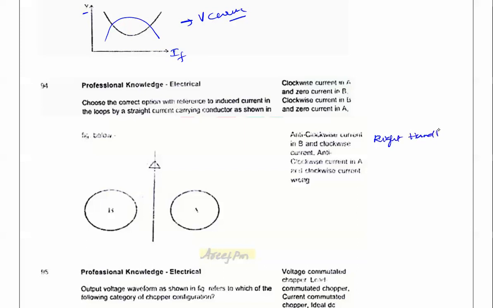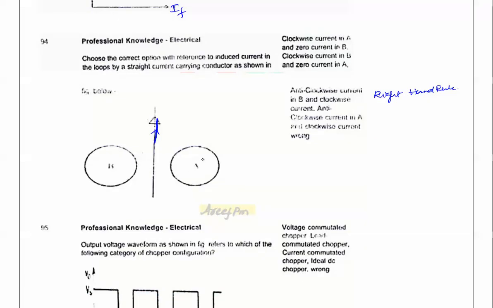Once the current is flowing, hold the current carrying conductor in such a way that your thumb represents the current direction and the curling fingers around it represent the direction of the magnetic field. This is the right hand thumb rule.